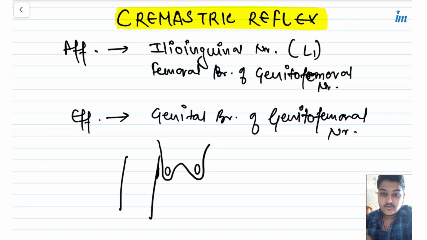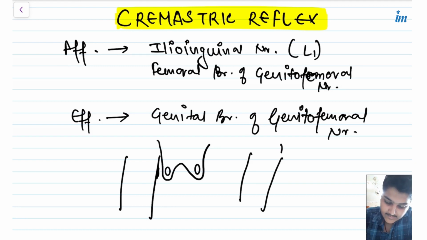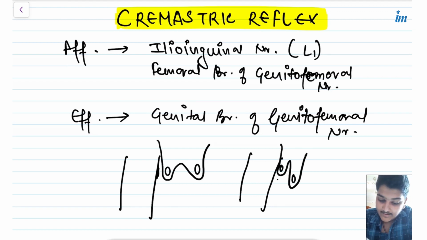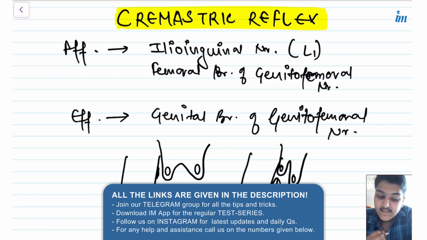If my right thigh is stroked, then only the right side testicle will be uplifted towards the inguinal canal. So this is the cremasteric reflex.